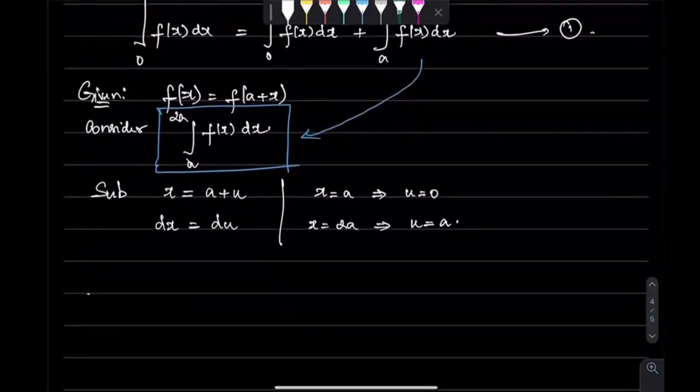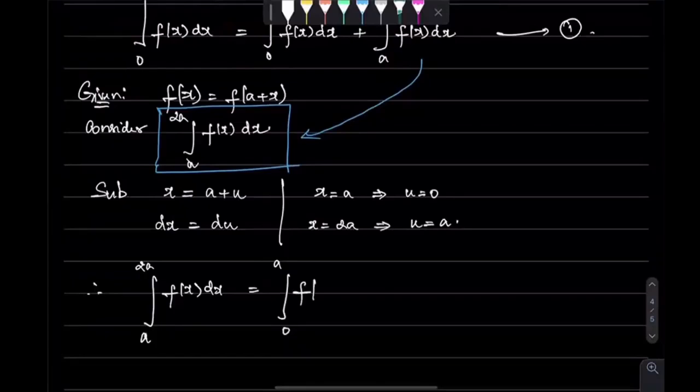So therefore, a to 2a f of x dx, I'm going to change it completely. The limit becomes 0 to a, f of a plus u du. But f of a plus u is actually the same as f of u, which is the same as f of x. You can change the variable also.